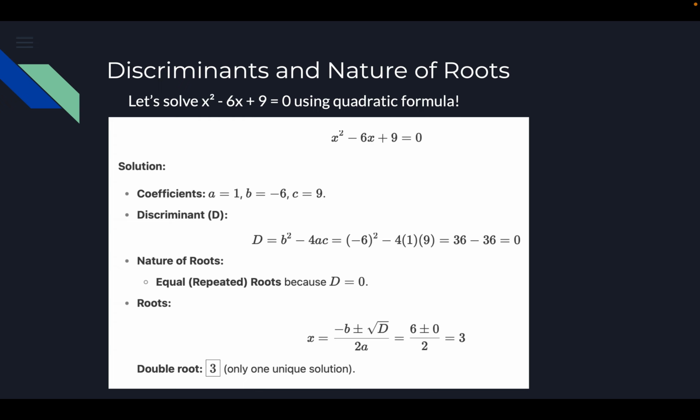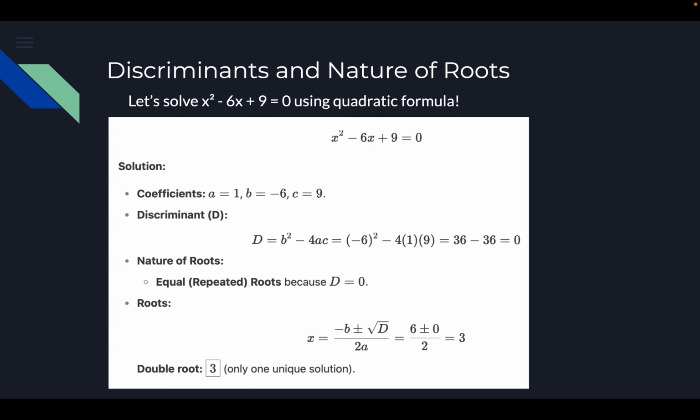Now to find the roots, we put x equal to minus b plus or minus root D. The square root of D is 0, because whenever D is 0, the square root of D will also be 0. So it does not matter whether it is plus or minus, because after the plus or minus it's always 0.